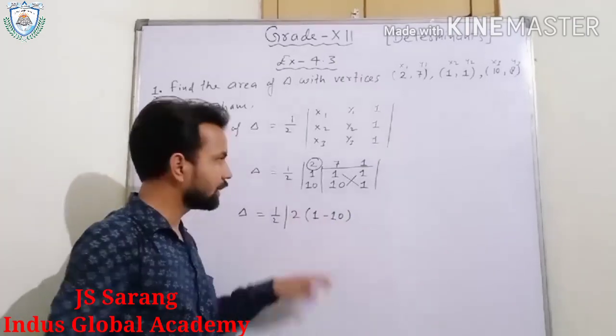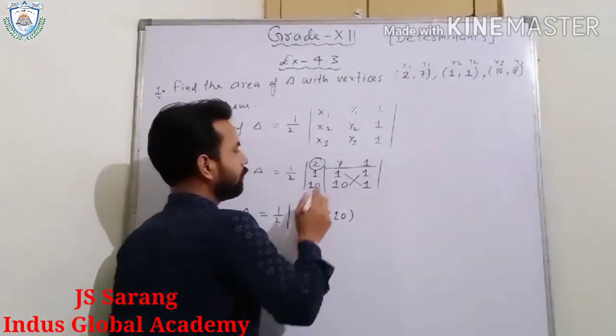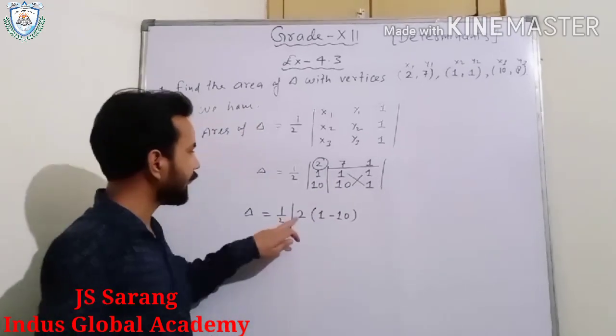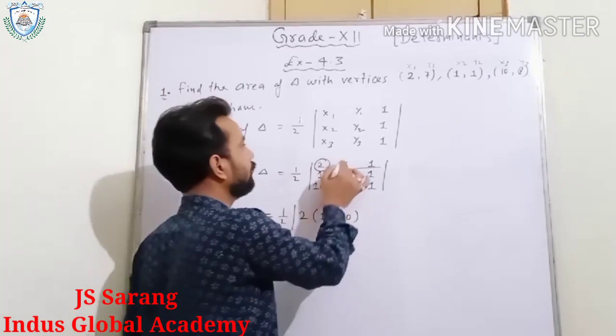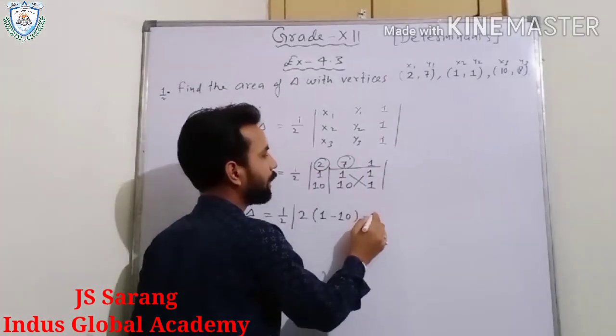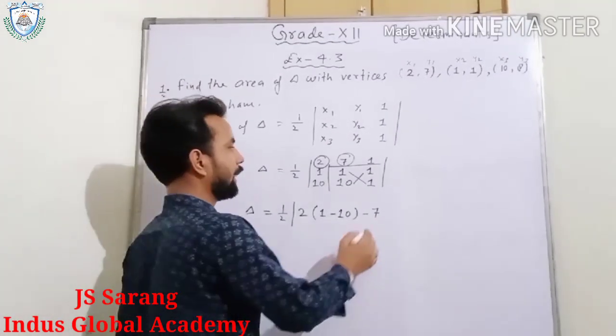We solved these types of sums in the very first exercise. I told you that the first element will be positive and the second element negative, so we note this 7 with a minus sign.